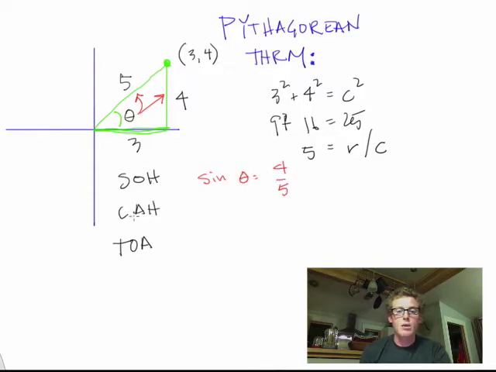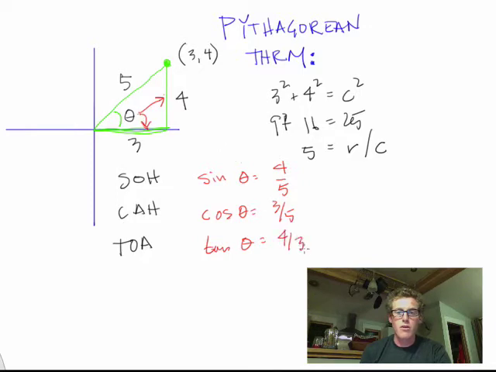Cosine is adjacent over hypotenuse, so cosine of theta equals 3 over 5. And then lastly, tangent of theta equals opposite over adjacent, so that's going to be 4 over 3.